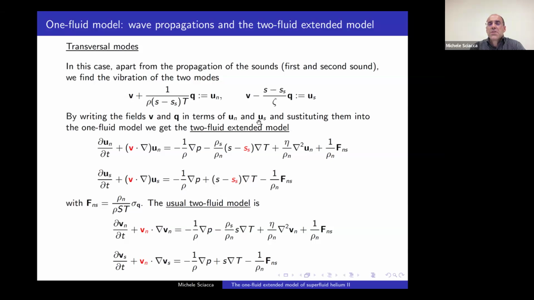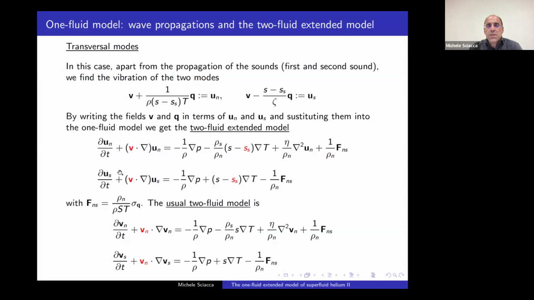It's quite interesting that when you find V and Q in terms of UN and US, and you substitute in the one-fluid model equations, you arrive at this expression for the normal component UN and US. Essentially quite similar to the classical two-fluid model, for which I reported the last two equations.